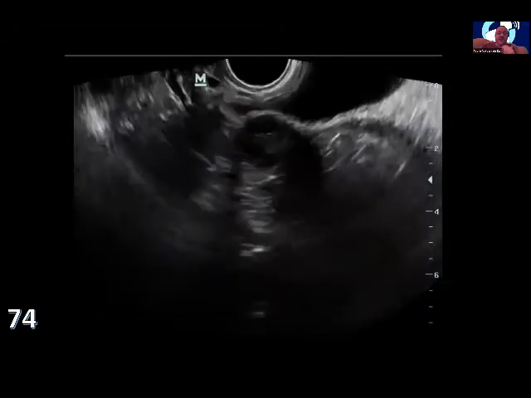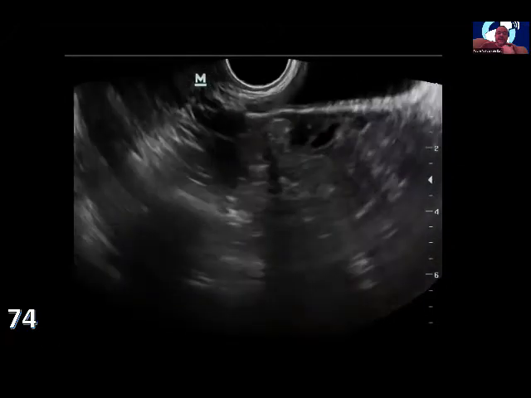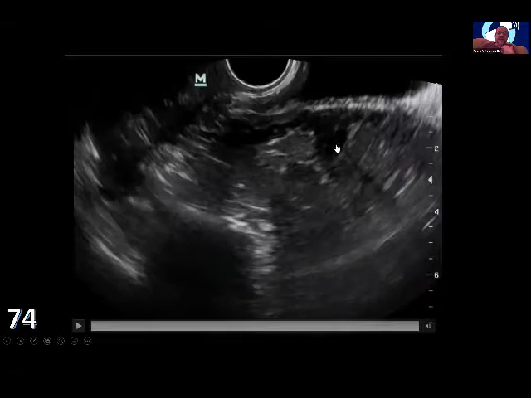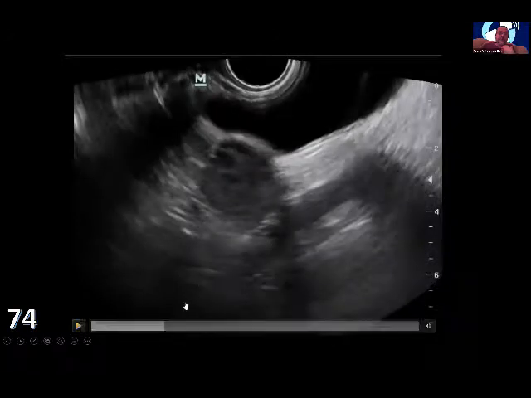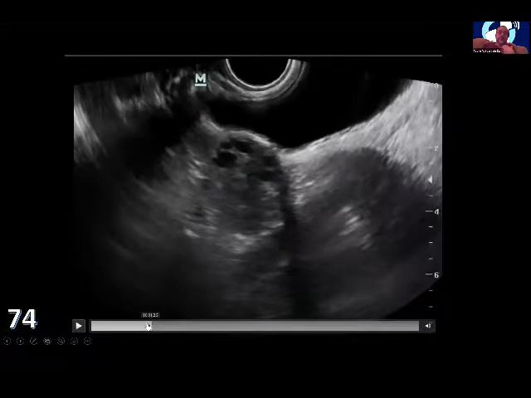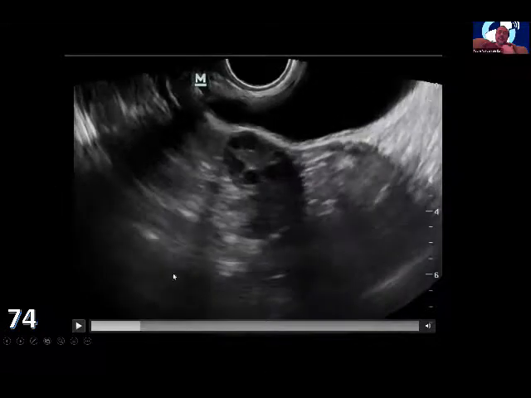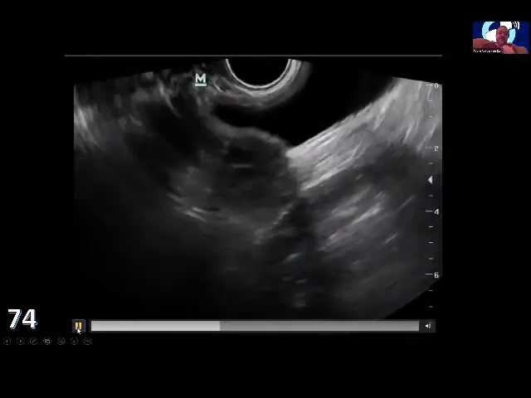See? Transverse vaginal approach, right ovary. Uterus, ovary, adnexal structures.